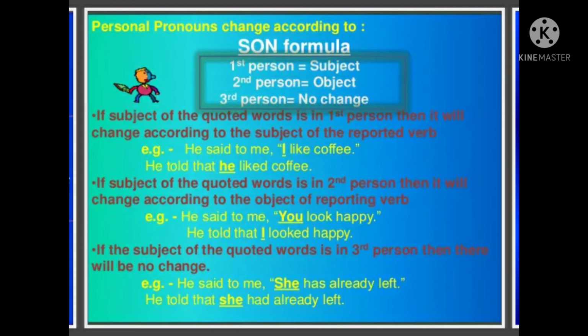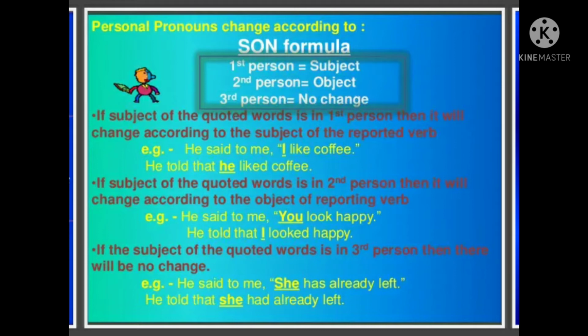See the second sentence. If the subject of the quoted words is in the second person, then it will change according to the object of the reporting verb. He said to me, "You look happy." He told that I looked happy.